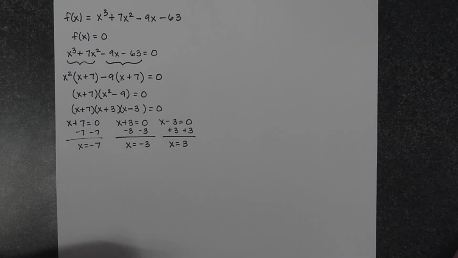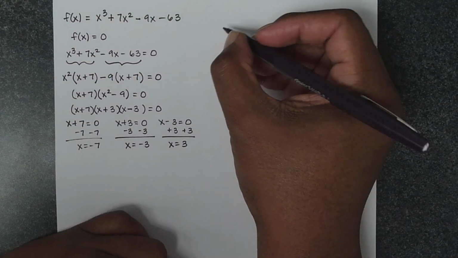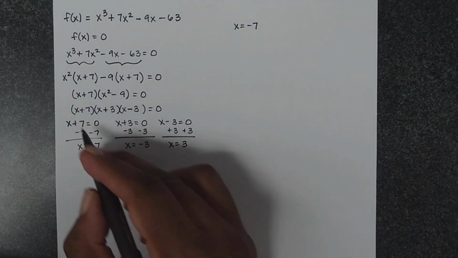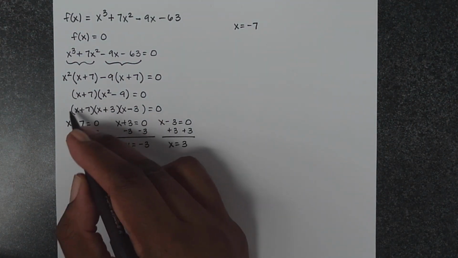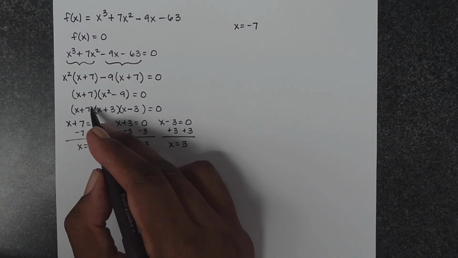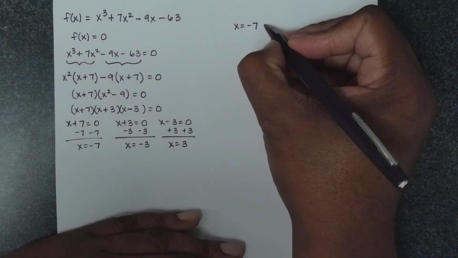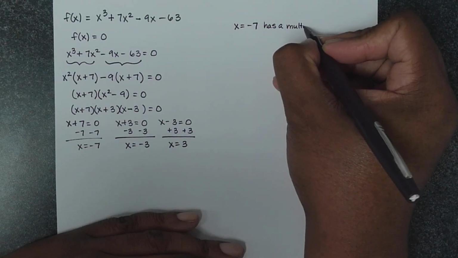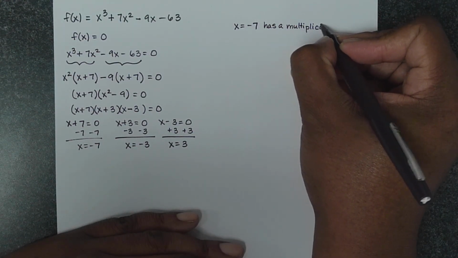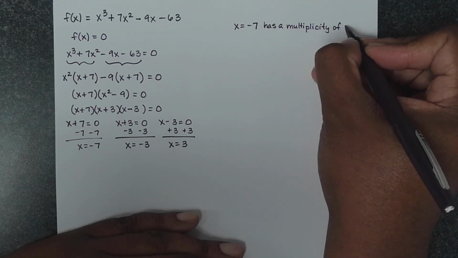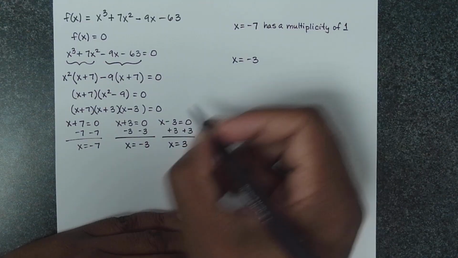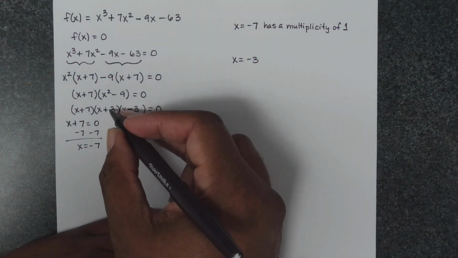Now let's find their multiplicities and the behavior at each of those zeros, starting with x equal negative 7. Well, x equal negative 7 came from the x plus 7 right here. That exponent is the understood 1, so x equal negative 7 has a multiplicity of 1. Now for x equal negative 3, x equal negative 3 came from the x plus 3.